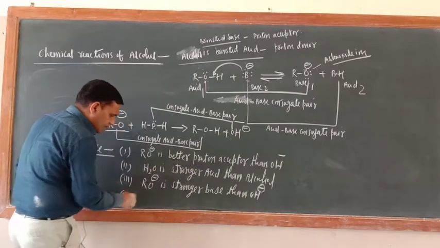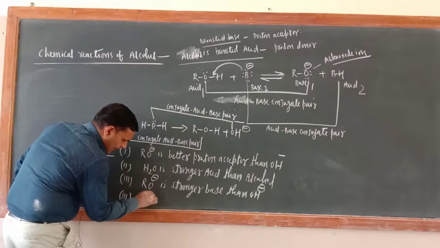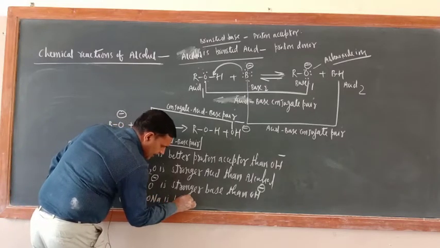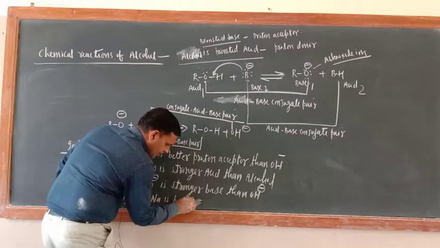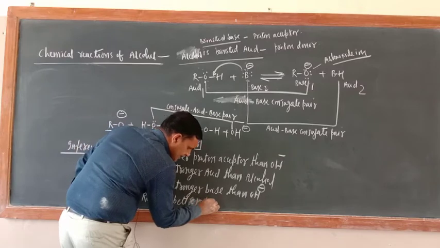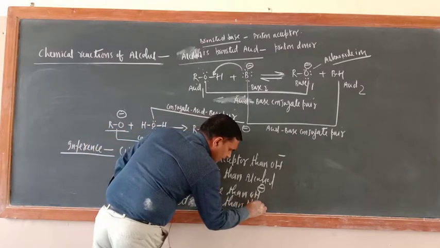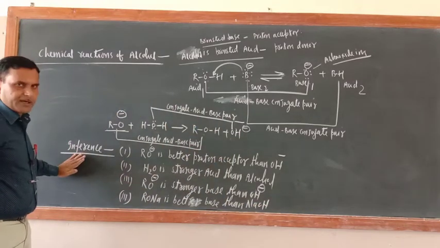We can write this one also: sodium alkoxide RONa is a better base than NaOH. On the basis of this reaction only these inferences I have written, correct or not?